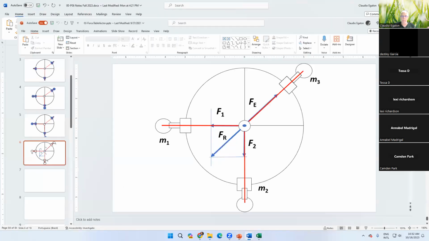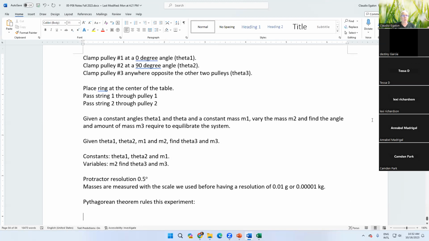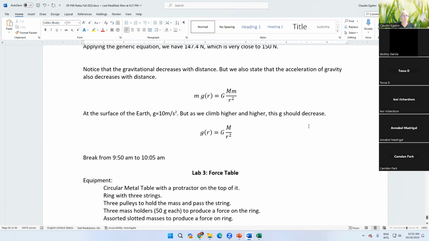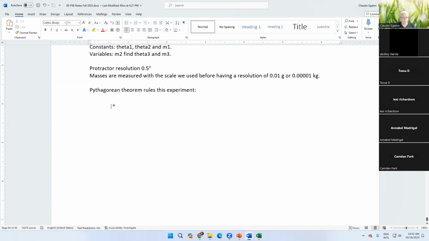The Pythagorean theorem proves this experiment in the following way.